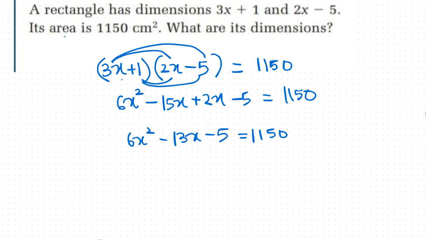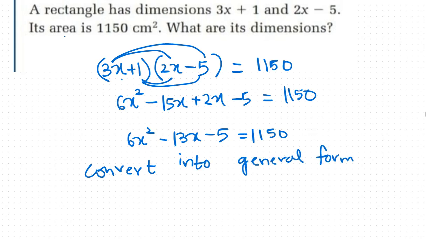So it's minus 5 on both sides? See, convert into general form. It's already in general form. General form means equal to 0. It has to come like this, so you have to make 0 on one side. Minus 1,150 on both sides. Like this.